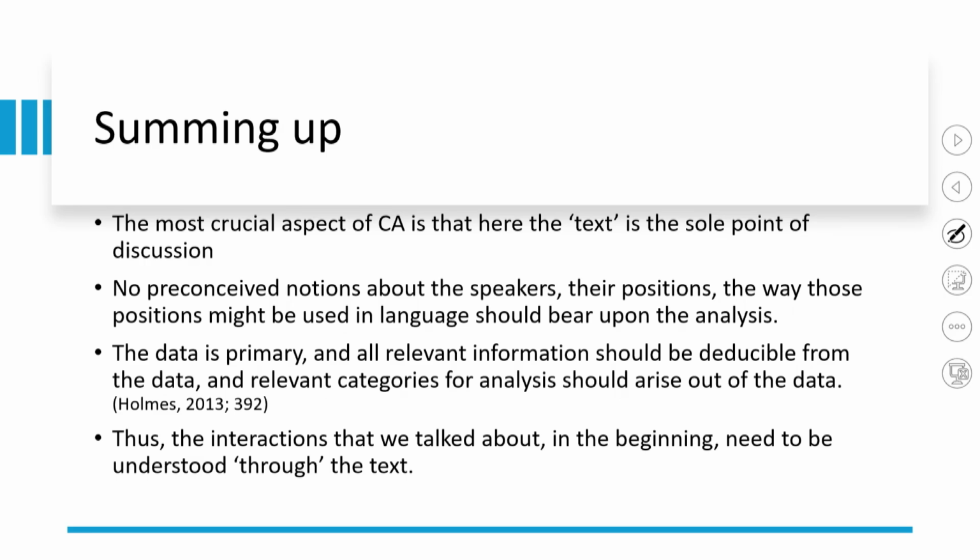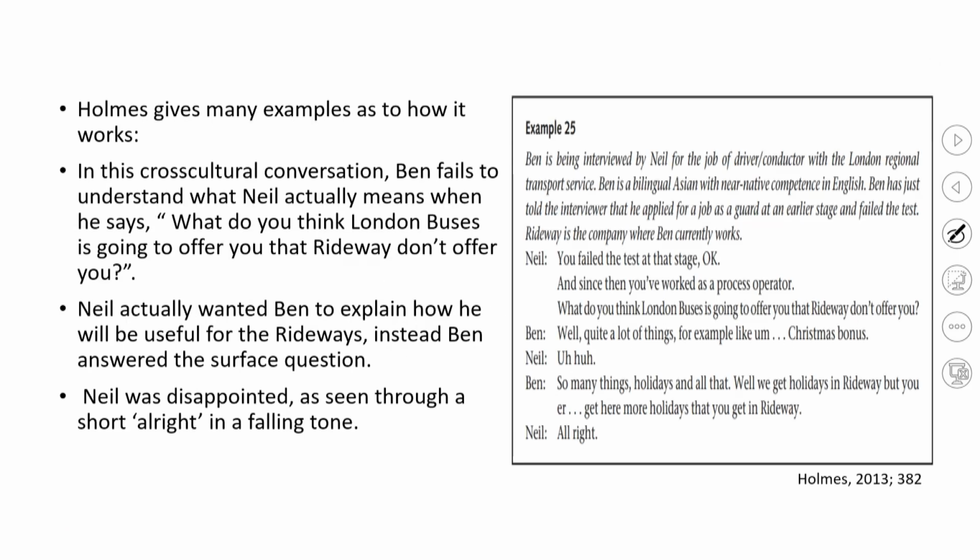From that text you have to arrive at the structure: how the chaining structure is created, how the discourse marker is used, and from there you deduce your conclusions, not the other way around. Data is primary always, and all relevant information should be deducible from the data, and relevant categories for analysis should arise out of the data.